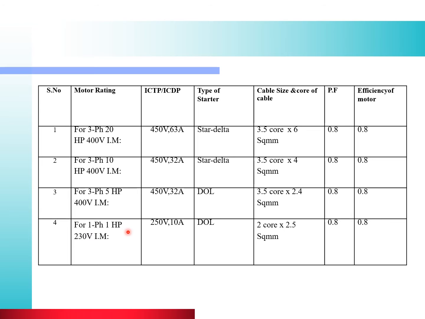For the single phase 1 horsepower 230 volt induction motor, the ICTP switch required is 250 volt 10 ampere. Type of starter DOL starter. Cable size is 2 core, 2.5 square mm. Power factor is 0.8 and the efficiency is 80%.